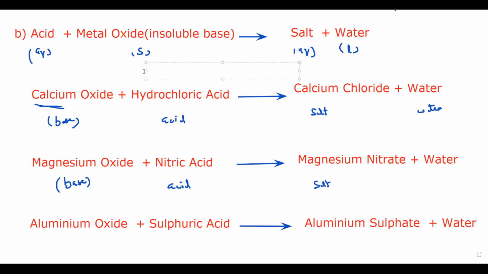So observation here, because there is no gas given off, so observation is just the solid size decreases, or size of the solid will decrease and it will produce a salt solution. So this is a second characteristic of acid. Whenever acid react with metal oxide, also known as insoluble base, this will result in a formation of salt and water. Is it clear? The second type of reaction of acid.